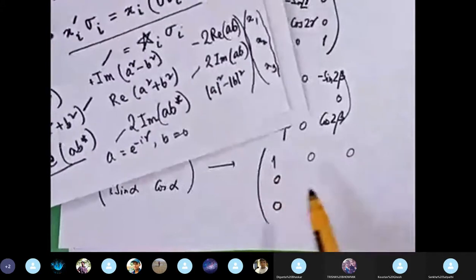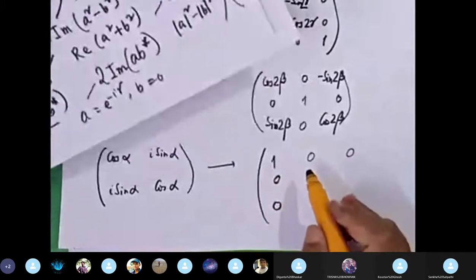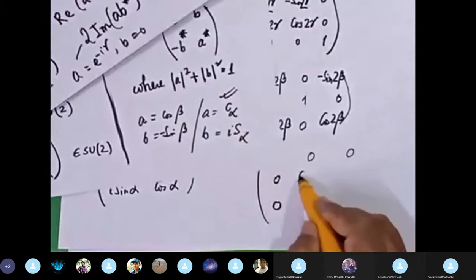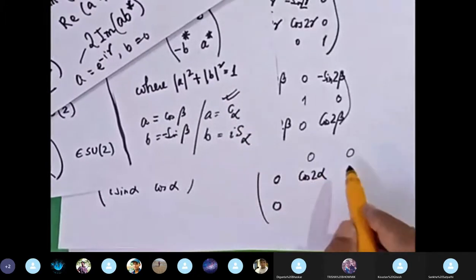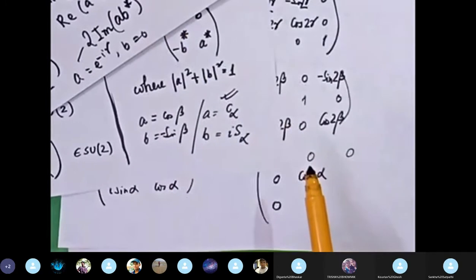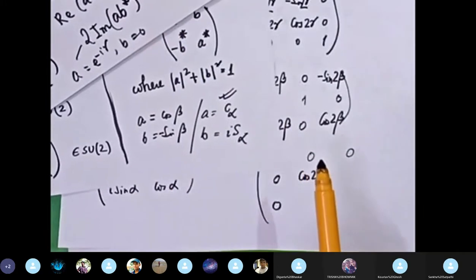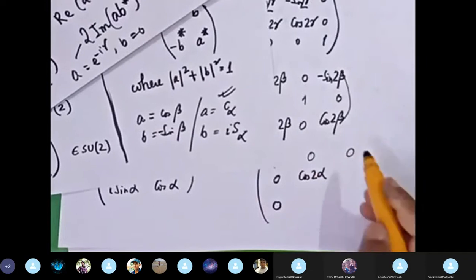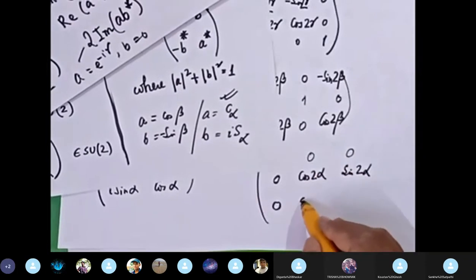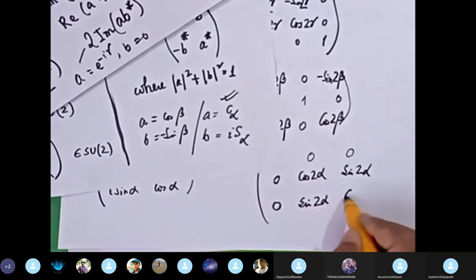And one term, if I calculate, is enough. A square plus B square is cos square minus sin square, so it is cos 2 alpha, and the imaginary part of AB is 2, plus sine 2 alpha, cos 2 alpha.